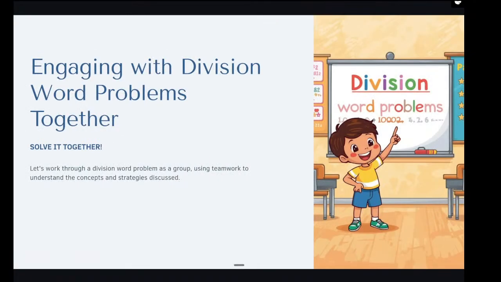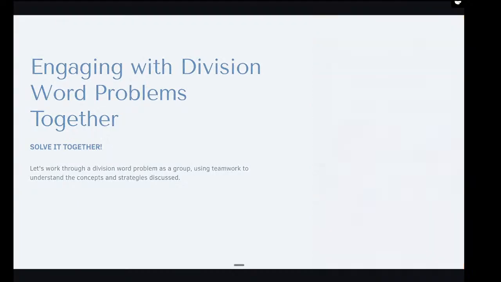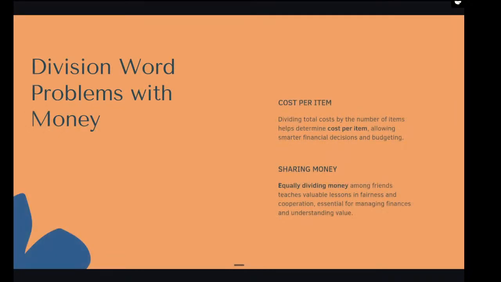Engaging with division word problems together. Solve it together. Let's work through a division word problem as a group. Okay, so we have division word problems with money, cost per item. Dividing total cost by the number of items helps determine cost per item, allowing smarter financial decisions and budgeting.